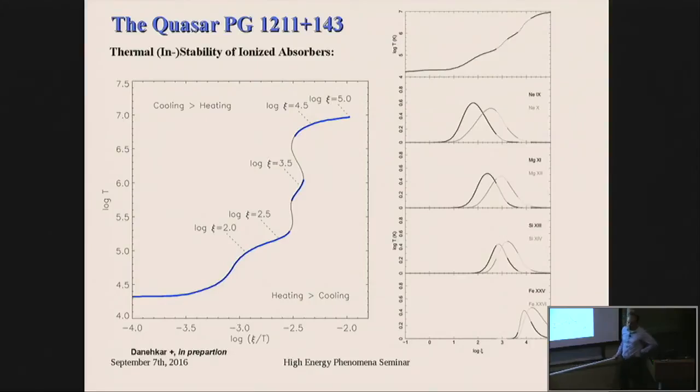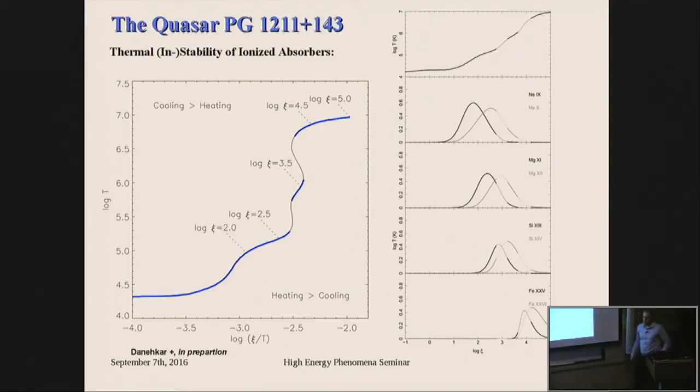So the problem with this approach is that at the resolution of the gratings that we have, you've got a lot of line blending. If you do a full model of a photoionized region, a large fraction of the lines are actually blends of more than one line. How do you deal with that?